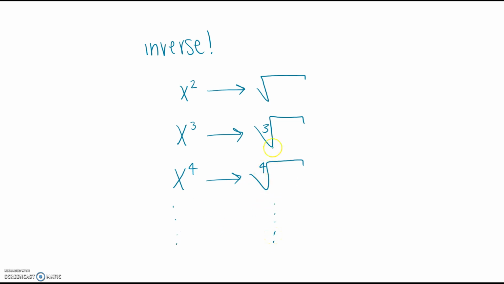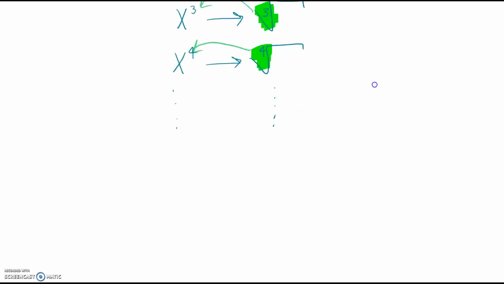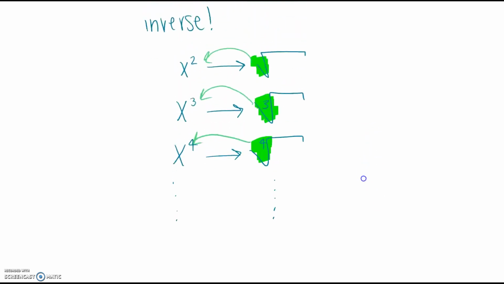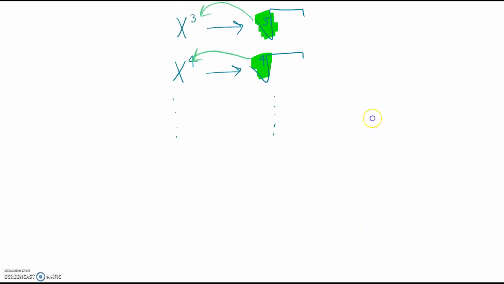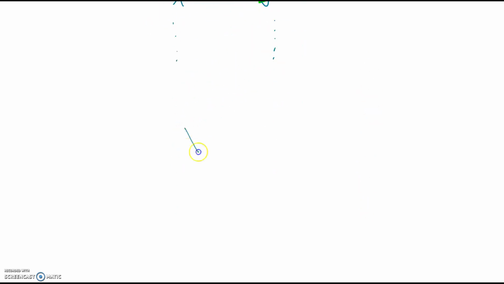So, the index is telling you how to undo that number. Okay, so square root of 4, most of you know that. Square root of 4 is 2. But why is it 2?